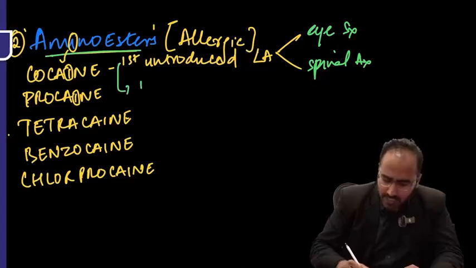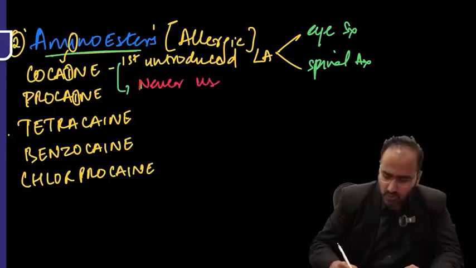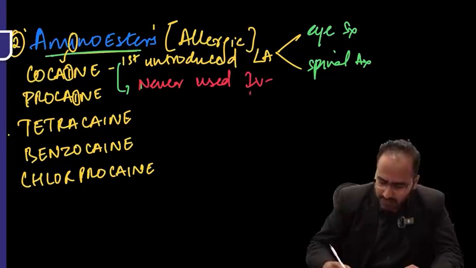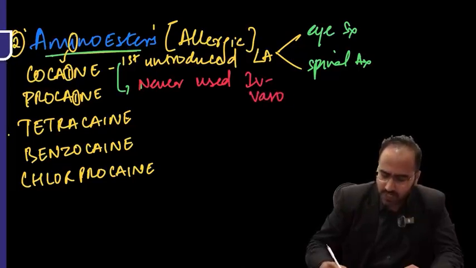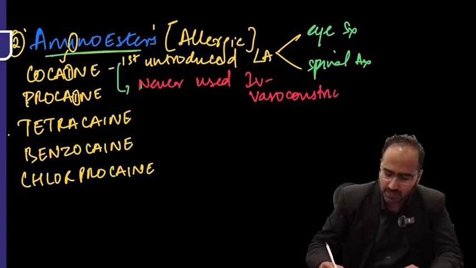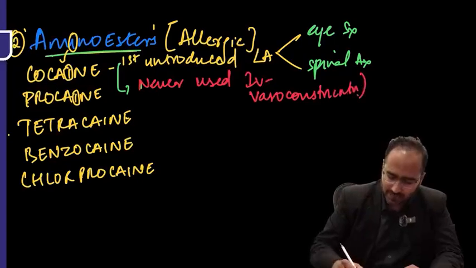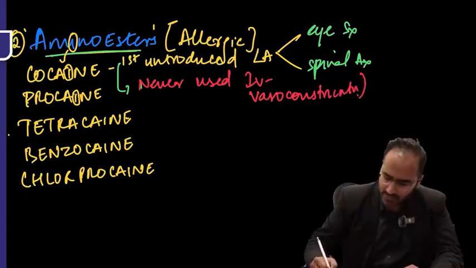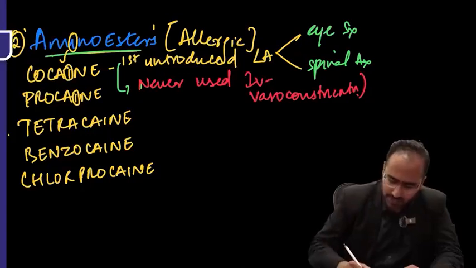Can you use cocaine IV? Cocaine is never given IV. It should never be used IV. Why? Because it causes severe vasoconstriction. Hence it is avoided IV. So these 2 points you have to remember regarding cocaine.